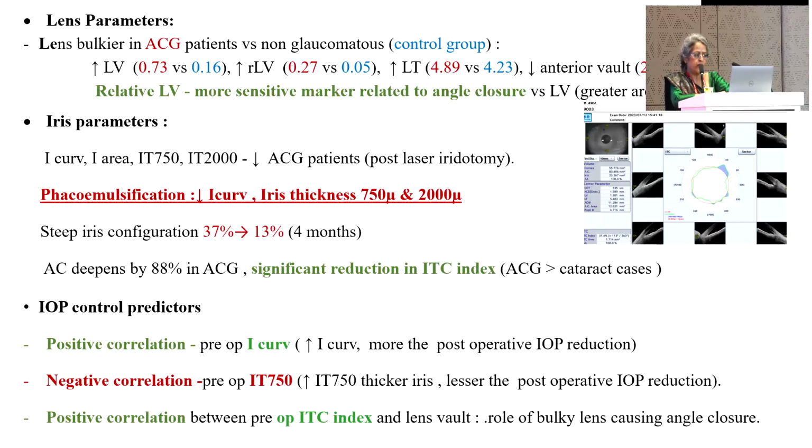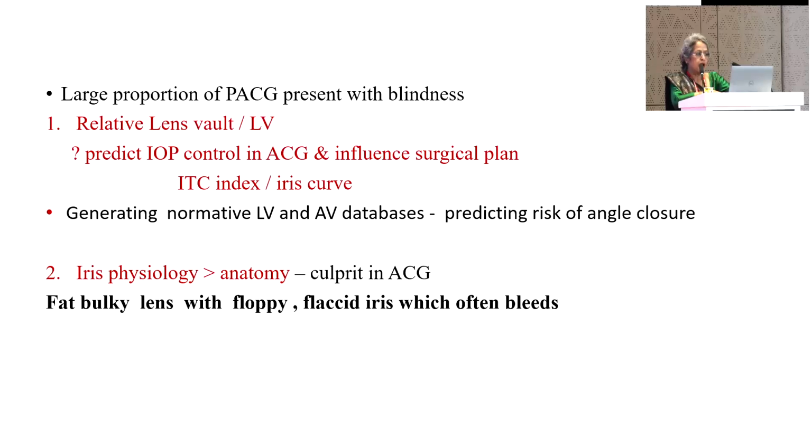The predictions of IOP control: there was a positive correlation with the pre-op iris curve. More the iris curve, more steep the iris, more was the post-op reduction. Negative correlation with the iris thickness. Thicker the iris, lesser the post-op IOP reduction. And there was a positive correlation with the pre-op ITC index and lens vault both. So bulkier the lens, more the ITC index, more was the IOP reduction.